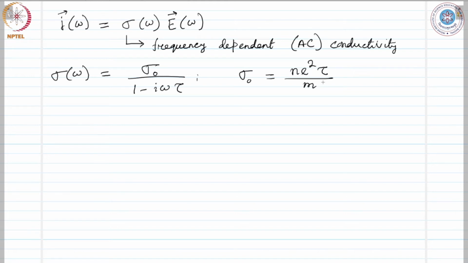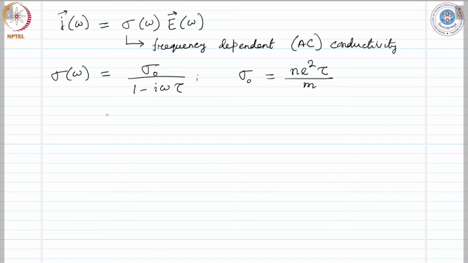Now if we consider zero frequency, then sigma omega becomes sigma naught. Omega goes to 0 here, and it's sigma naught over 1, which is sigma naught. So it correctly reduces to the Drude result for zero frequency.